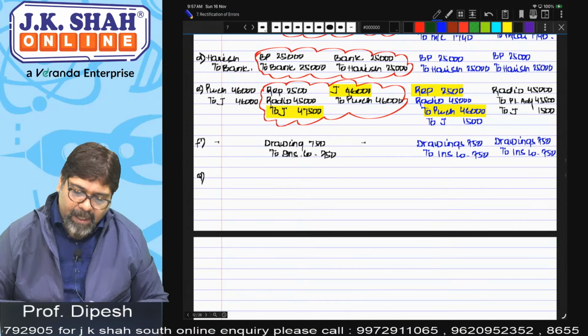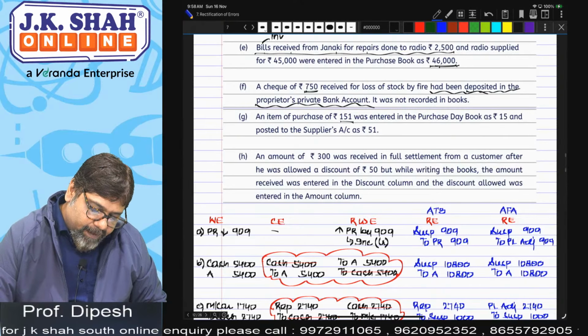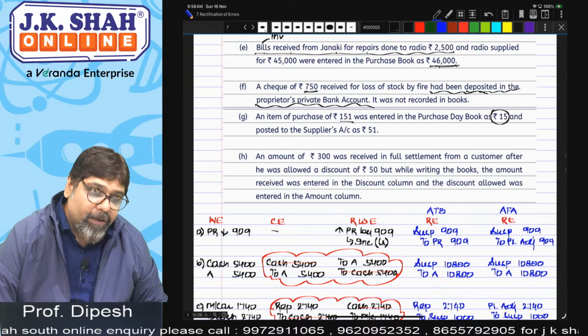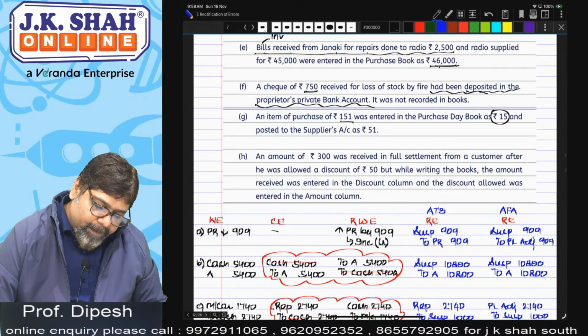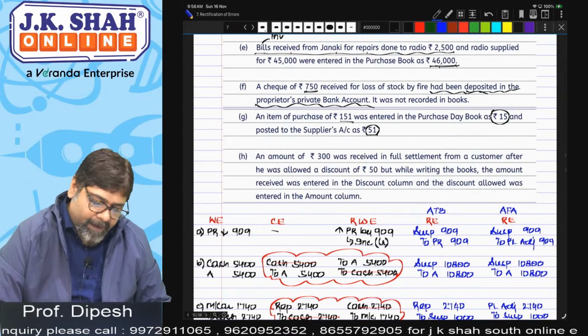Yes. Now, an item of purchase of 151 was recorded in the purchase book as 15. So in purchase they forgot the last one of 151, and posted to suppliers as 51. In suppliers they forgot the first one.